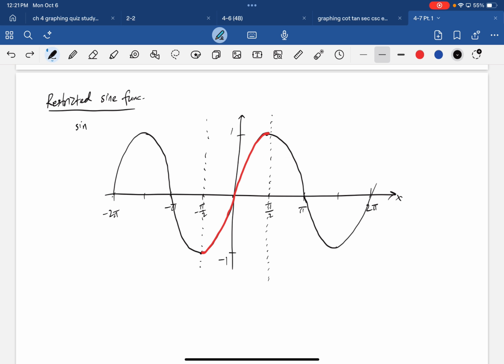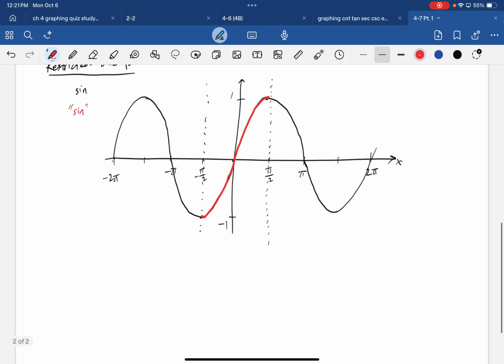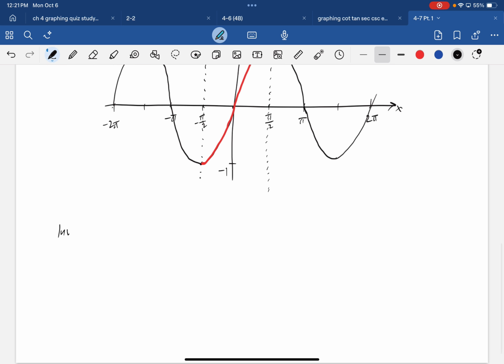Which means that this restricted sine function, we can call it sine, but in quotes, is going to have an inverse function. And so that's how we define an inverse function. Okay? So that means that our inverse function, we're going to call that inverse sine. And there are two ways of writing it.